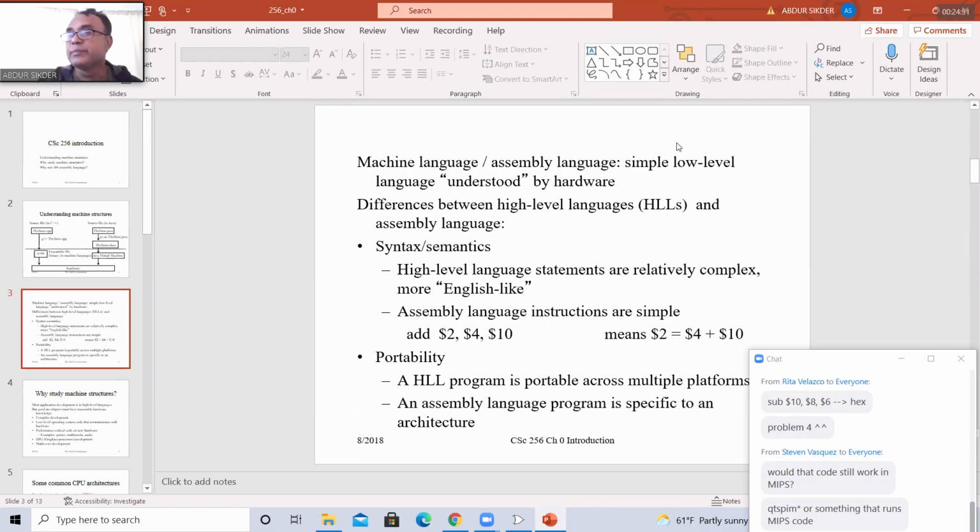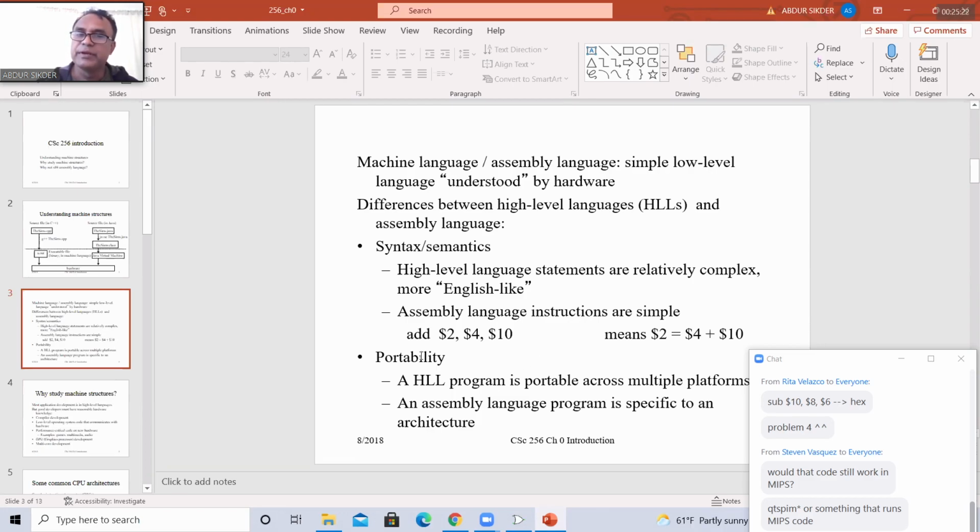The machine language and assembly language are different. They're not the same. Machine language is just zeros and ones, but assembly language uses symbols. MIPS is one of the assembly languages we're learning, a simpler one. The main difference between high level and low level is that high level is English-like, and assembly uses symbols.